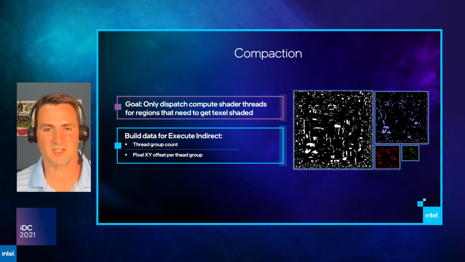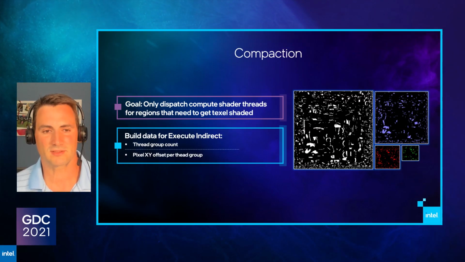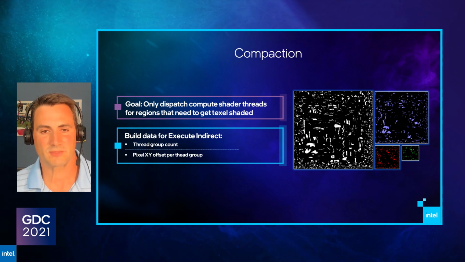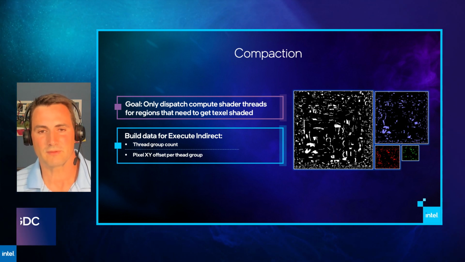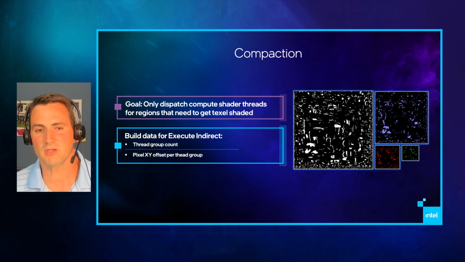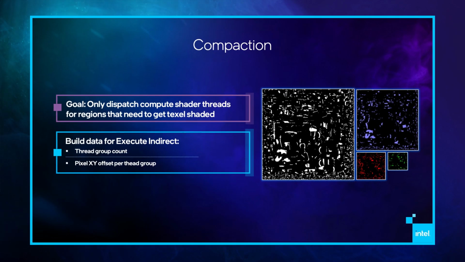One interesting optimization that UL added was a compaction pass. The compaction pass will try to avoid generating redundant compute shader threads for the texture space shading pass. What this does is look for MIP regions that don't have any texels touched, and per compute thread, if no texels are touched within a MIP region, then we will not launch a compute shader thread to shade that region.